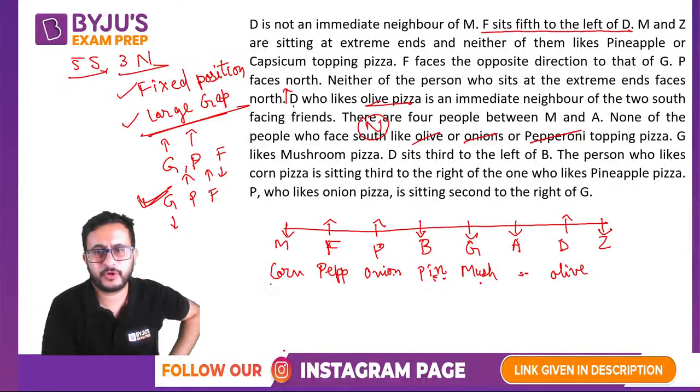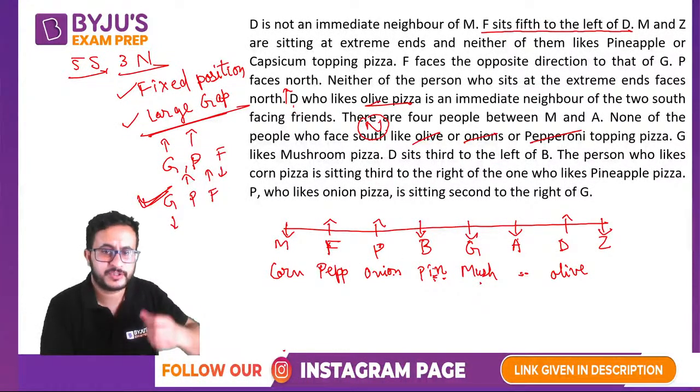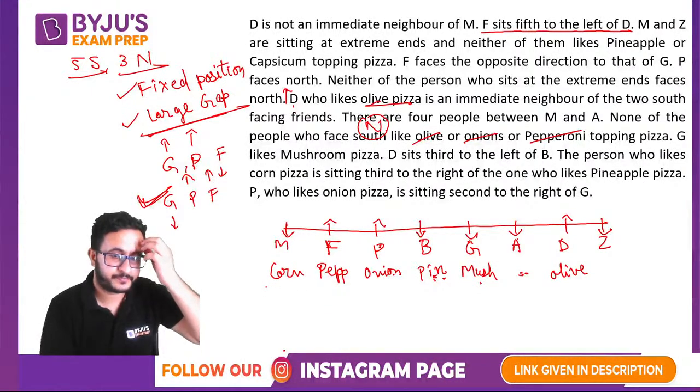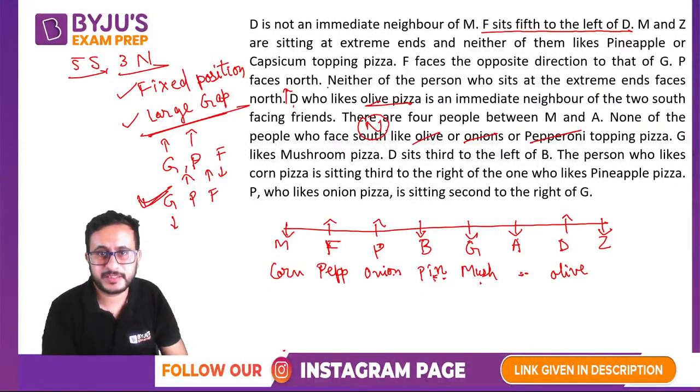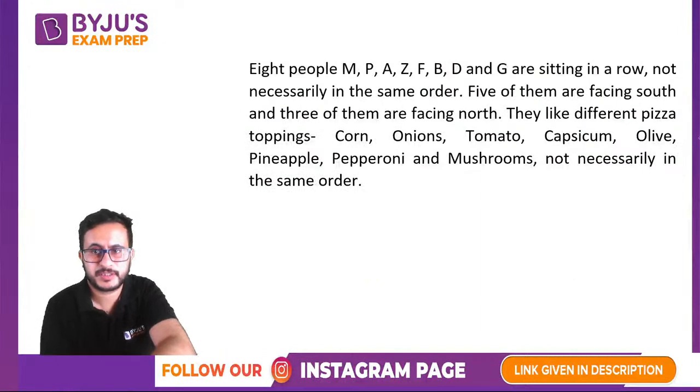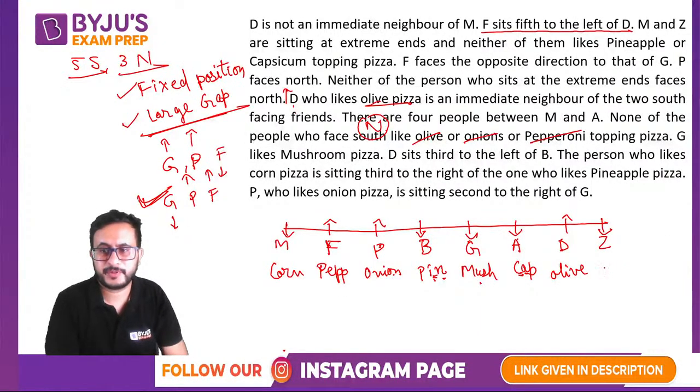Corn is third to the right of the one who likes pineapple. And then this is capsicum, and one more is left. We were given this list here, right? Tomato. So this will be tomato.